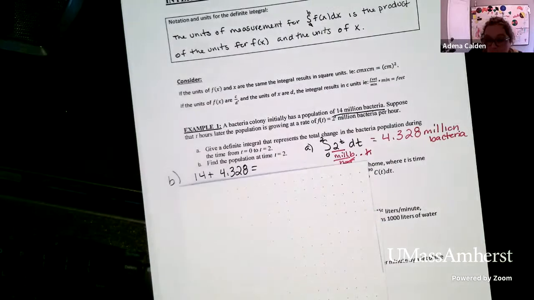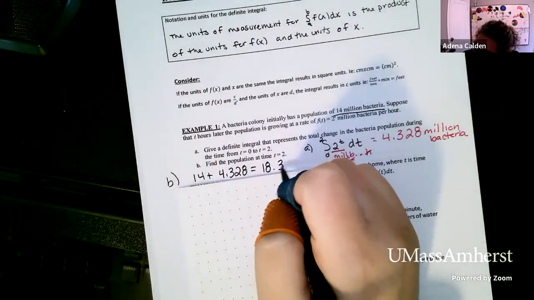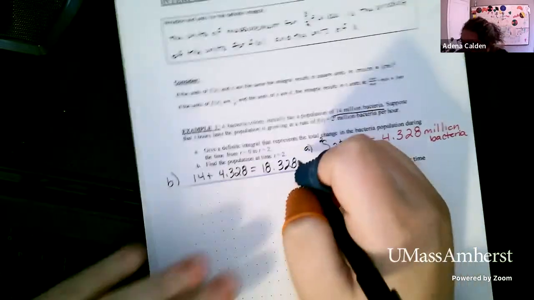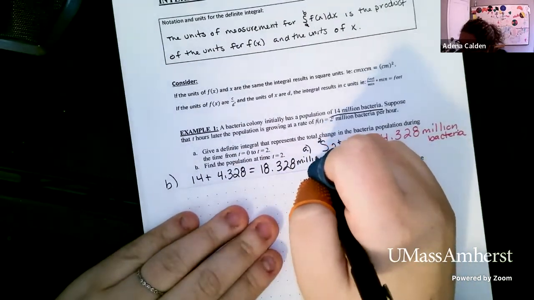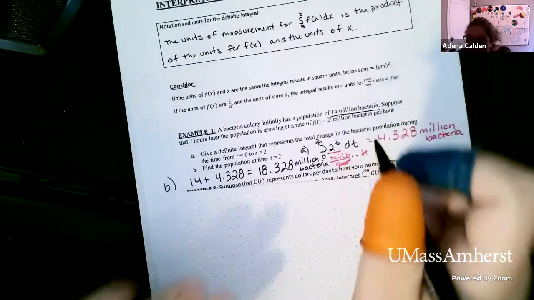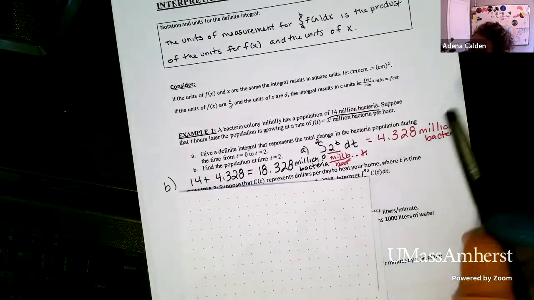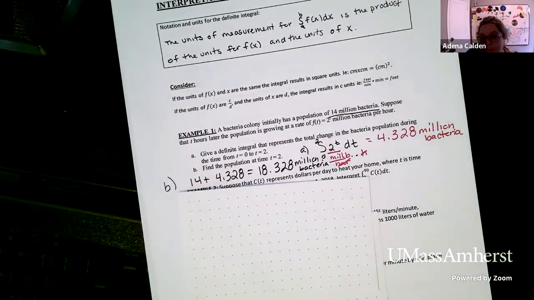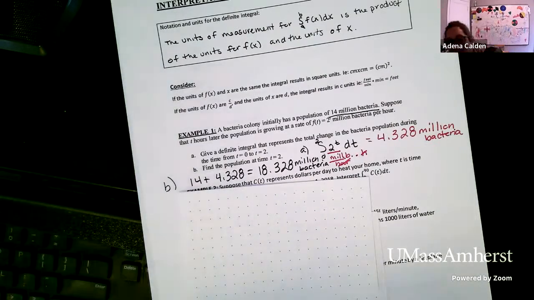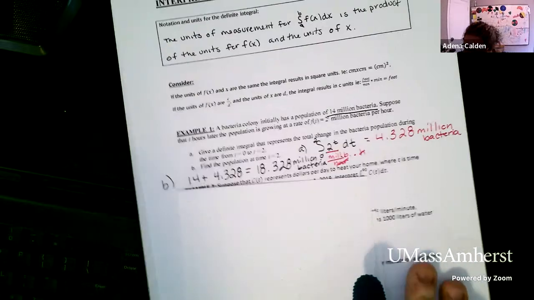That means the total population is 18.328 million bacteria. We have to read the question carefully and notice that we do have a starting amount, and understand that the definite integral tells us how much that amount changes. So here we get a total population of 18.328 million bacteria.